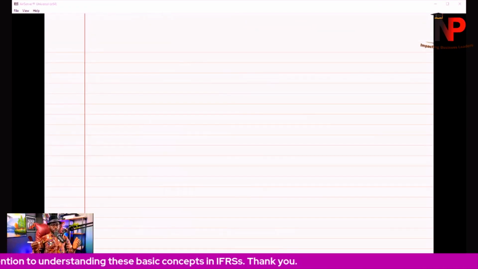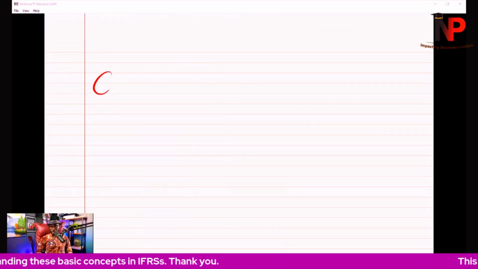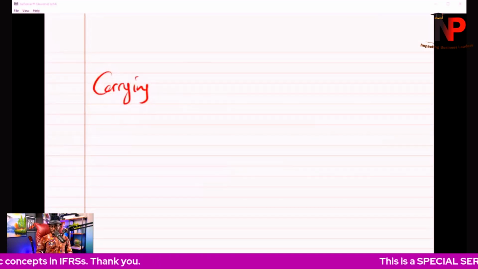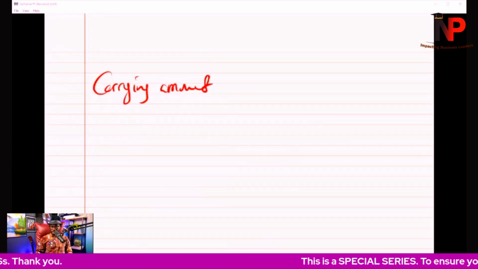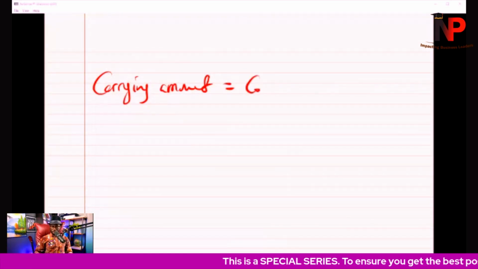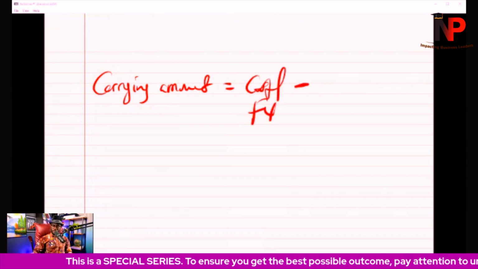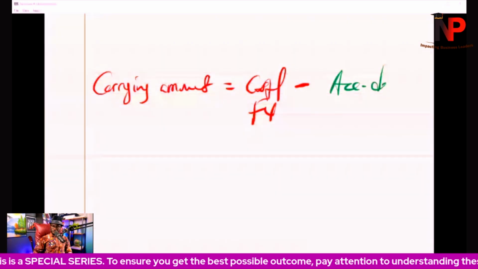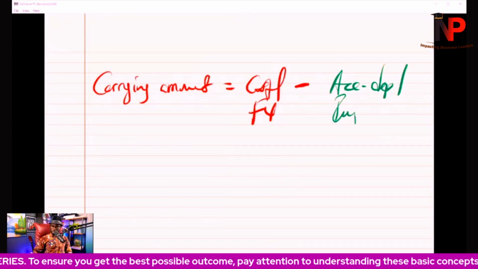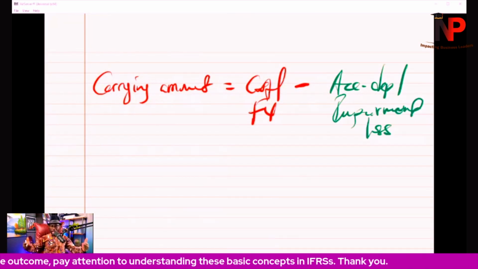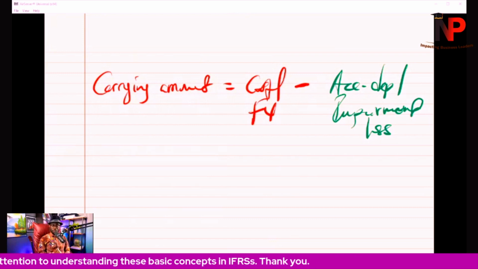So in our books, and this is usually on subsequent measurement, the carrying amount of an asset, which can also be carrying value, is going to be the cost of the asset or the fair value of the asset minus any accumulated depreciation or impairment loss. That is the idea about the carrying amount.